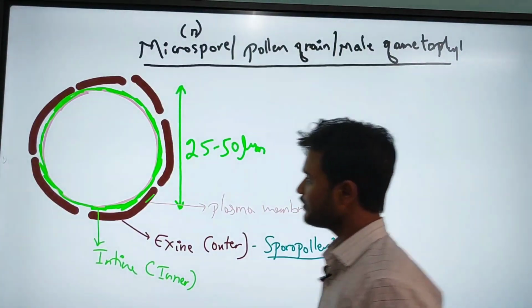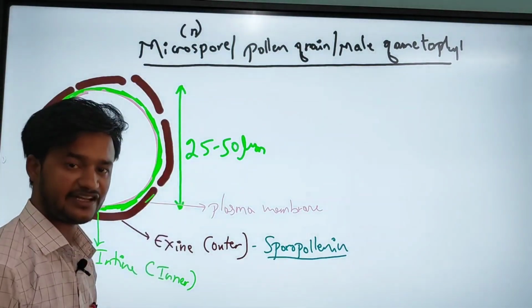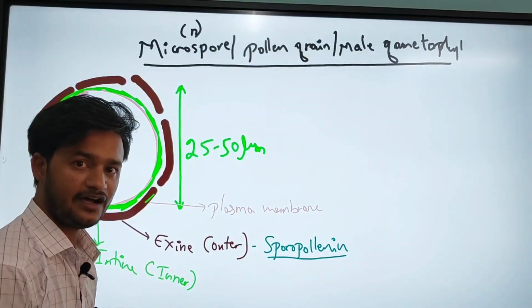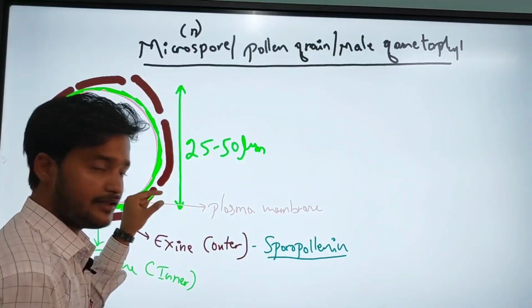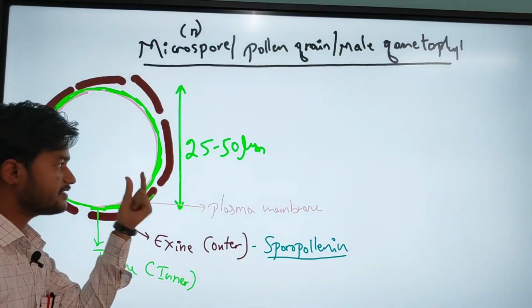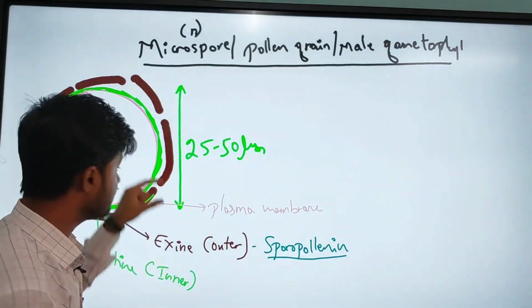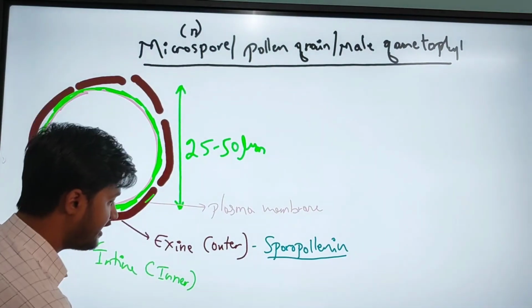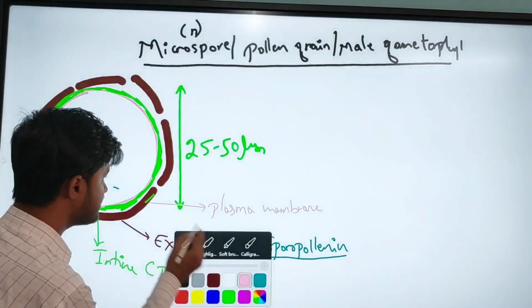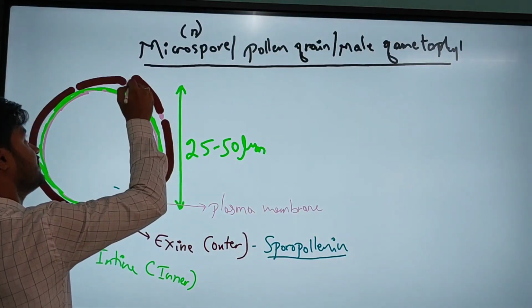And the exine is a discontinuous layer, because in some regions of the exine the sporopollenin is absent, and that region is called what? You were seeing that region here, right?